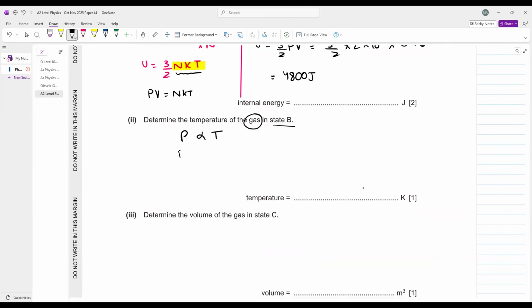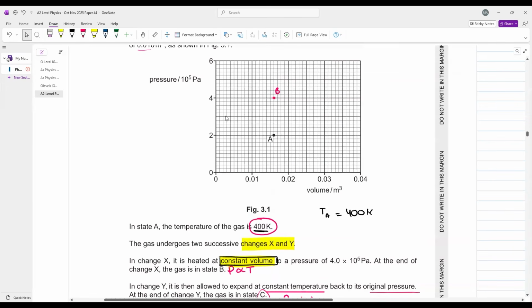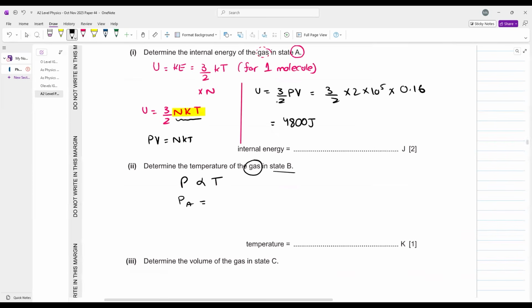What is the pressure at point A? 2 into 10 raised to the power of 5. What is the pressure at point B? 4 into 10 raised to the power of 5. So, if you analyze, pressure क्या हो गया?